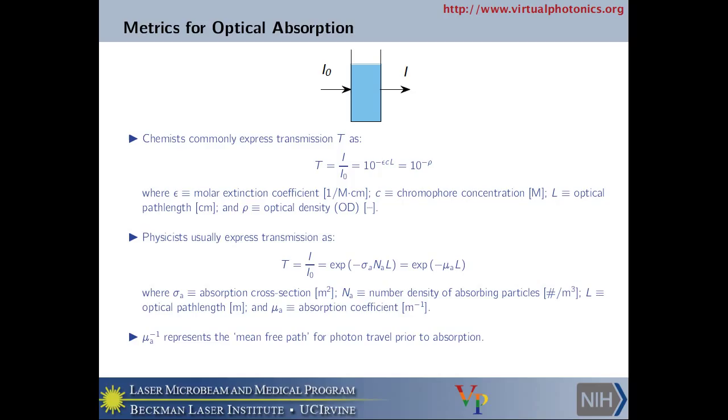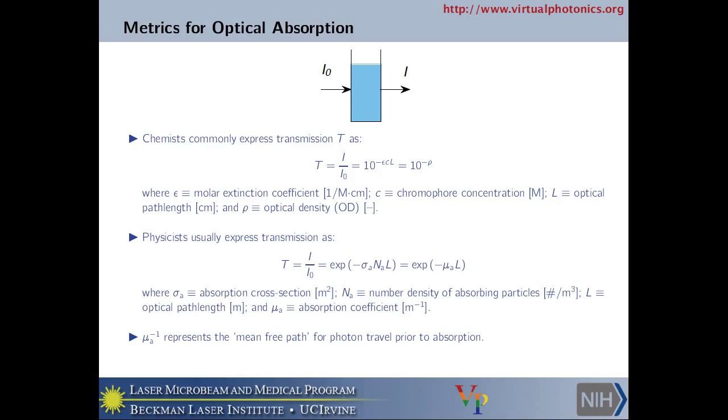Mu a comes out of more of a physics pedigree, kind of an analogy to scattering, where you look at transmittance as an exponential with base e, and you assume an absorption cross-section times the number density of absorbers. So it's more like a particle description of absorption as opposed to a solution description of absorption.